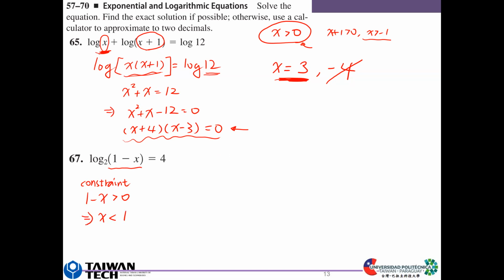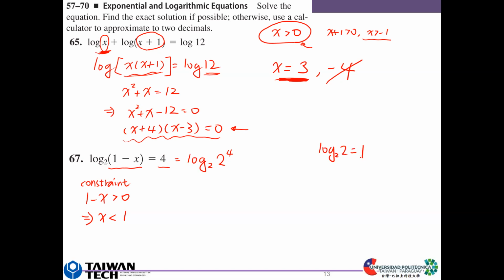Okay, and once we have it, we can convert both sides of the equation into log functions. So since what's on the left is the log function, we convert what's on the right to a log function. So it could be written as log 2 to the power of 4, because log 2 equals 1.